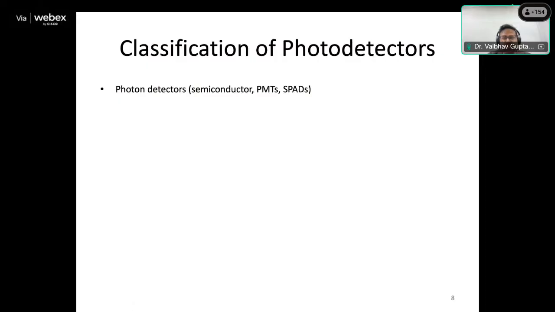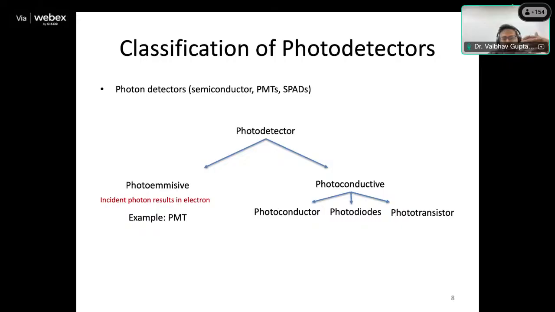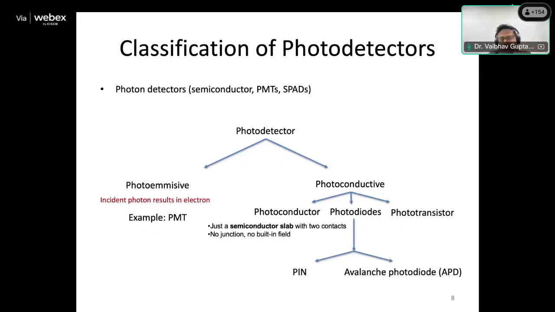So then we classified the photodetectors in multiple domains. Basically the photoemissive, where there are no electron holes, only electrons come out, such as the photomultiplier tubes. And finally the photoconductive ones, where we only focused on the photodiode part, where I explained to you the pin diode, and we did not look into the avalanche photodiode. We only explained the pin diode.